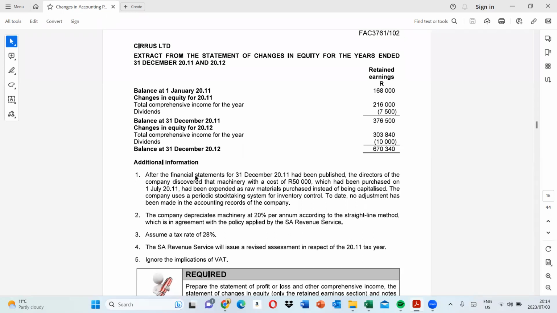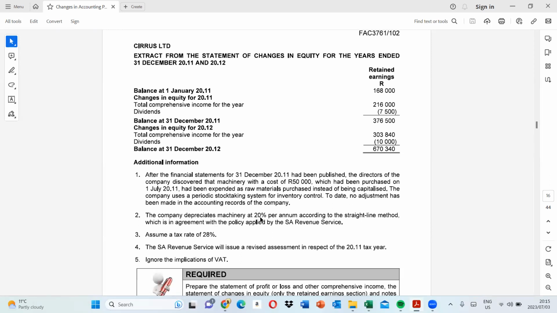After the financial statements for the 31 December 2011 had been published, the directors of the company discovered that the machinery with a cost of 50,000, which had been purchased on 1st of July 2011, had been expensed as raw material purchased instead of being capitalized. The company uses a periodic stock taking system for inventory control. To date, no adjustment has been made in the accounting records of the company.